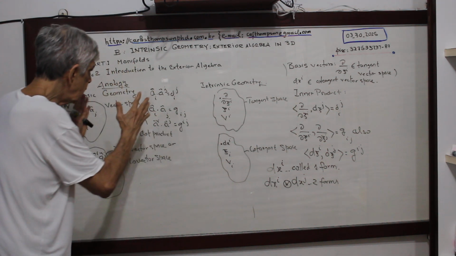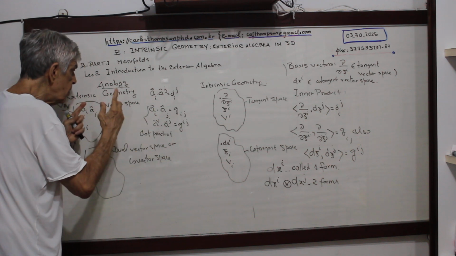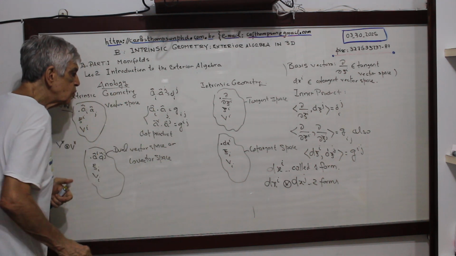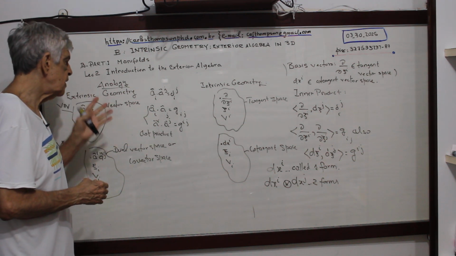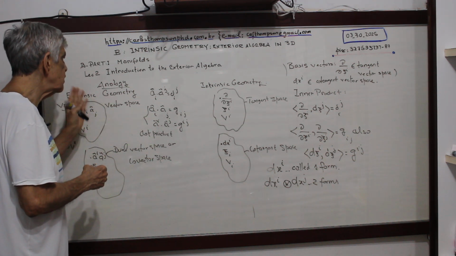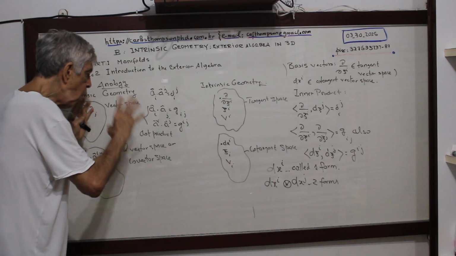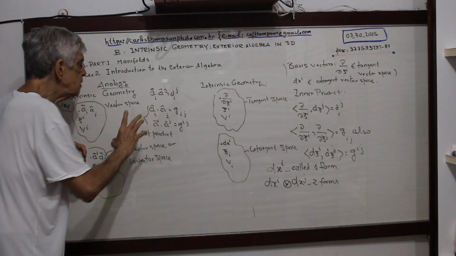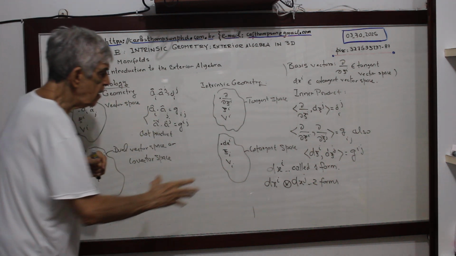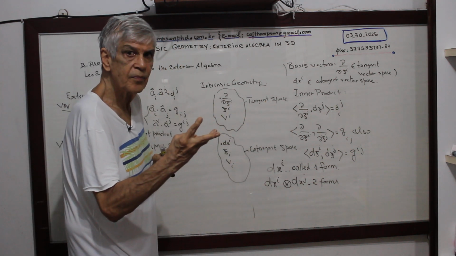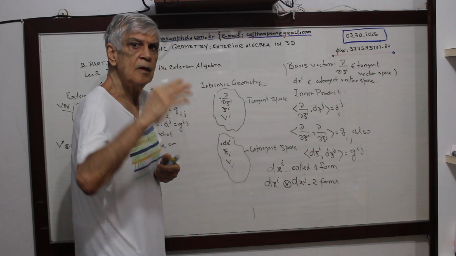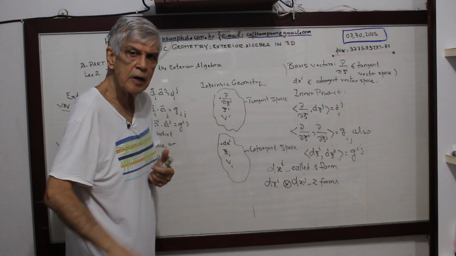But attention now, this we never extend to a higher dimension. In this case, the extrinsic geometry only applies to 3 dimensions. This one applies to 3 dimensions, and also higher order dimensions.